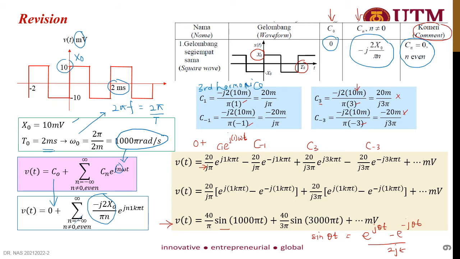In this case, you group the same coefficients. Then this one divided by 2, so multiply here by 2, so you get 40 over pi. And if you have 2j, it becomes the sine function. Same goes for n equal to 3 and n equal to minus 3.